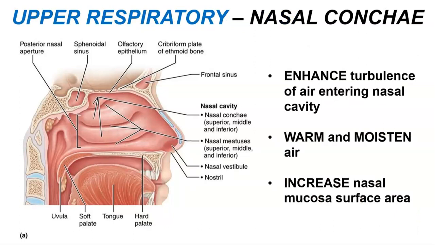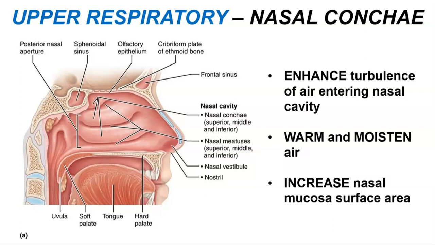In the middle of the nasal cavity are the nasal conchae, which are folds of bone that are covered with a nasal mucosa epithelial tissue. The nasal conchae project from the walls of the nasal cavity and hang downward towards the palates. The nasal conchae have a couple of functions.